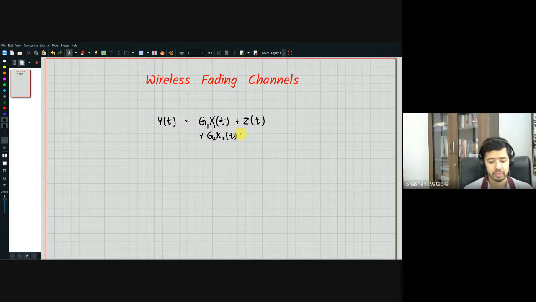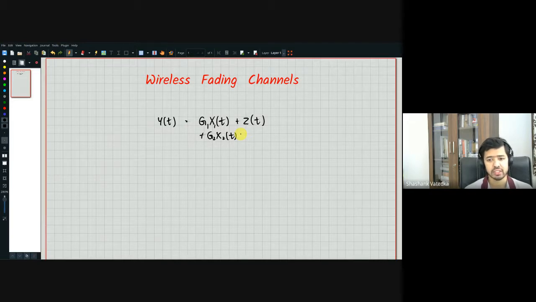Right? But now let us look at wireless channels, and we'll see what kind of challenges they throw up when we're talking about deriving the capacity regions or deriving the best achievable rates for communication.